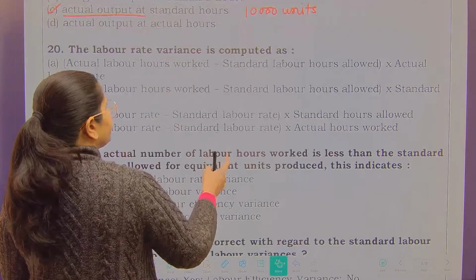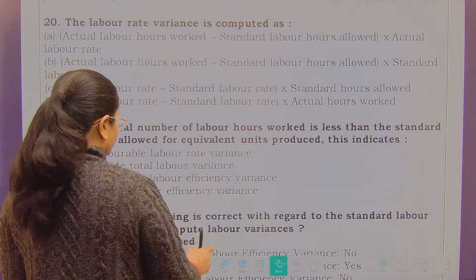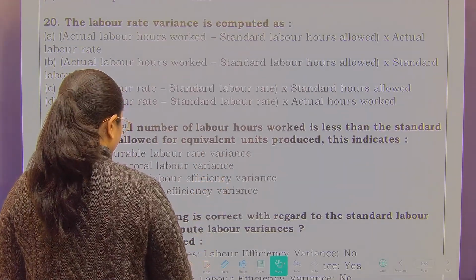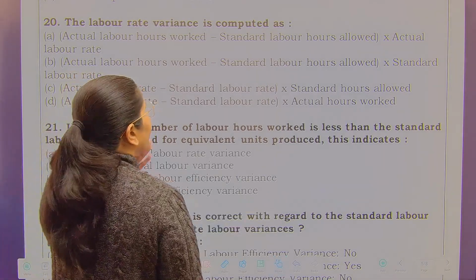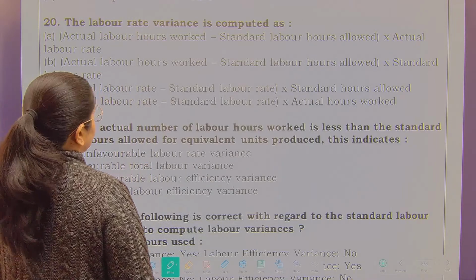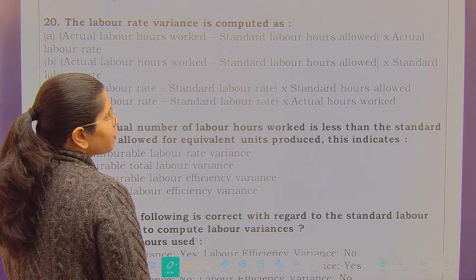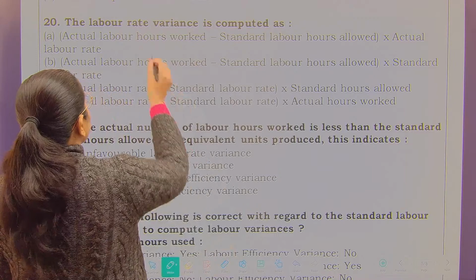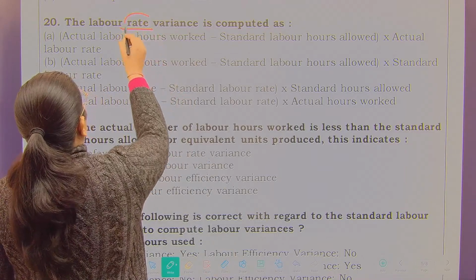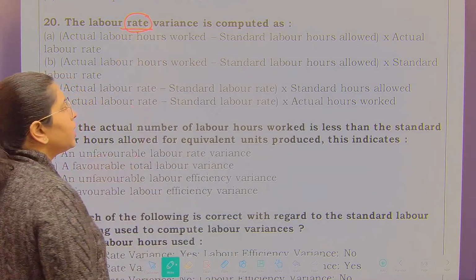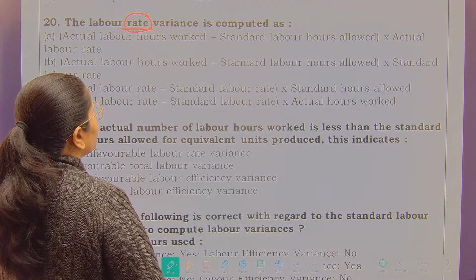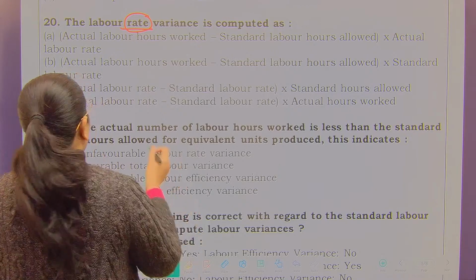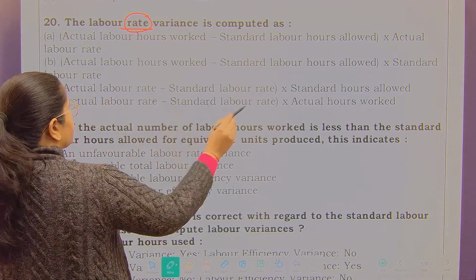Next, see. Labor rate variance is computed as actual labor hours worked less. Now see, they are telling you to compute rate variance. So rate variance means you have to compute the variance on the basis of rate.